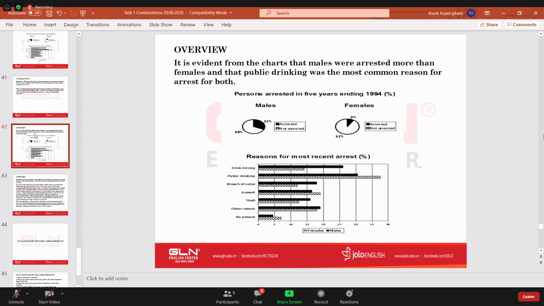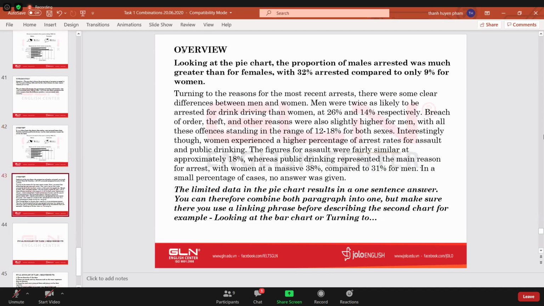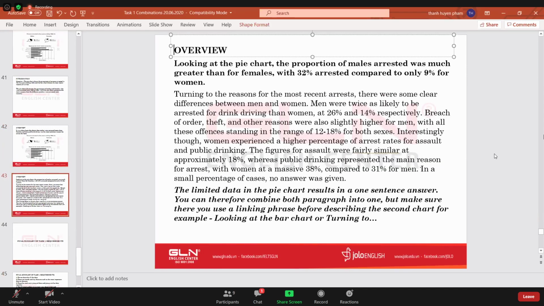So yeah, we can see that from the pie charts. A lot more males than females were arrested, 32% to 9%, and that public drinking was the most common reason for arrest for both. Yeah, so public drinking percentages are a lot higher than the rest. Quite a simple overview. Let's now go to the body paragraphs. So just change the mistake here.